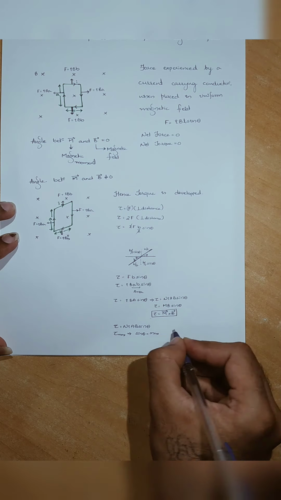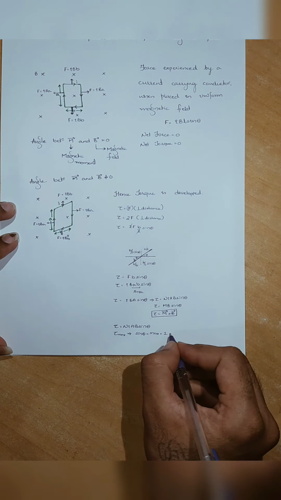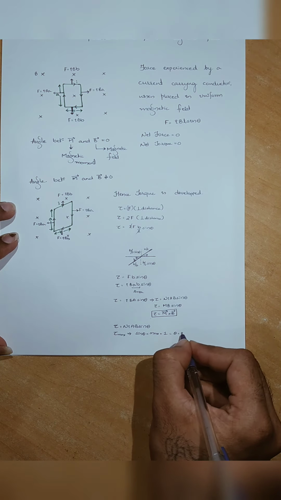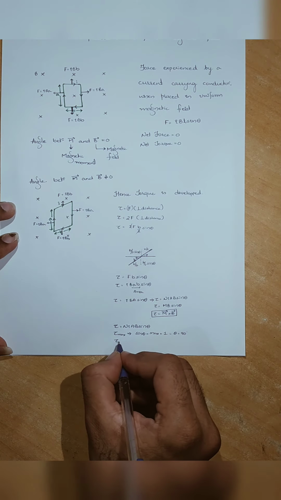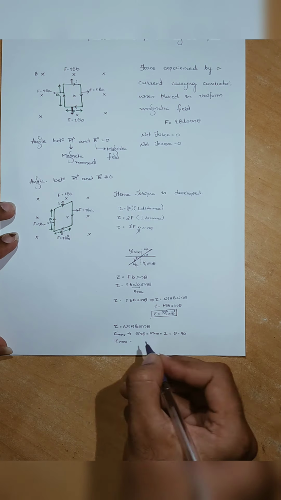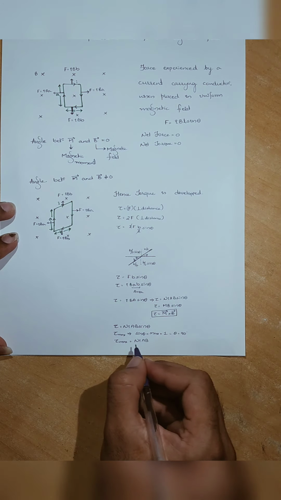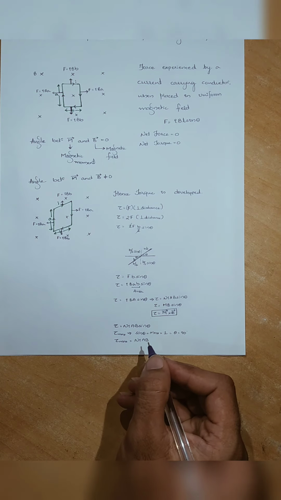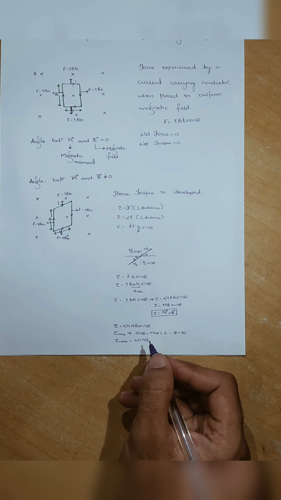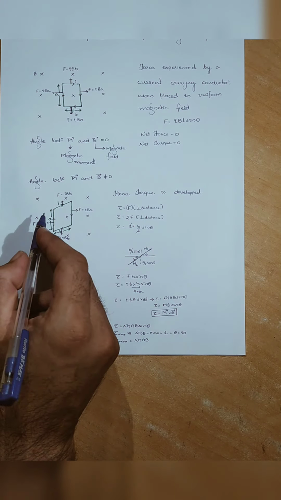The maximum value of sin theta is +1, which implies theta is equal to 90 degrees. So if I substitute, tau max we are going to get NIAB, which is nothing but the maximum torque experienced by the current carrying conductor when placed in a uniform magnetic field. It experiences maximum torque only when the angle is 90 degrees.